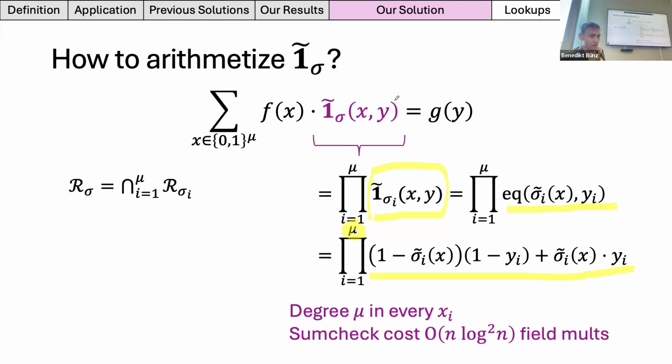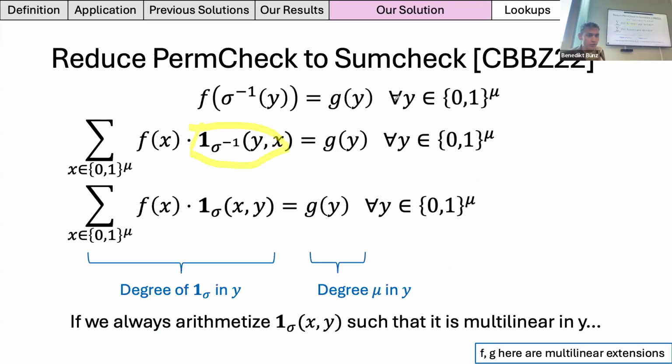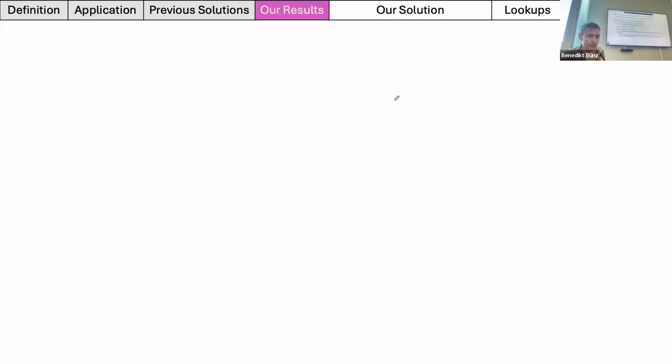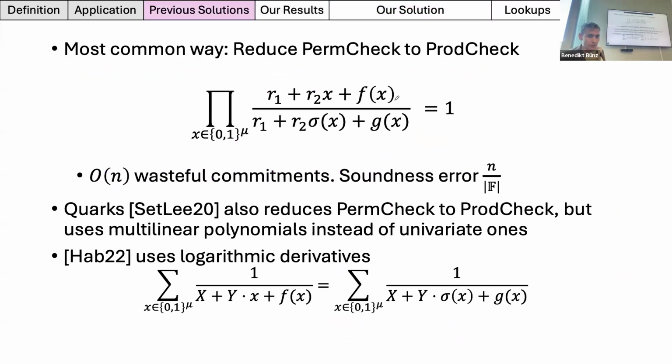Yes, but I guess in their work they use the grand product extension. Exactly. So they have all the problems that I mentioned in the beginning. They have bad soundness, and they have to commit to a large witness. So this is Quarks, for example. This is basically what Quarks does.